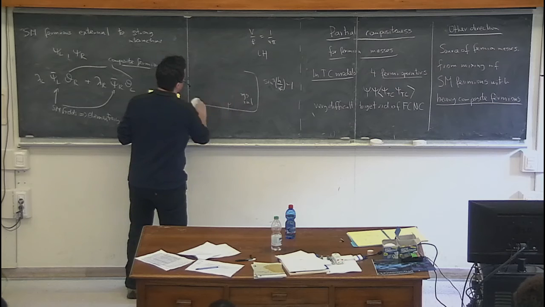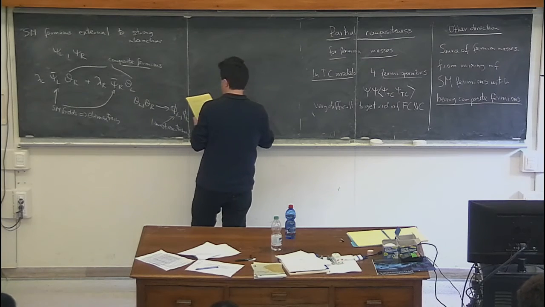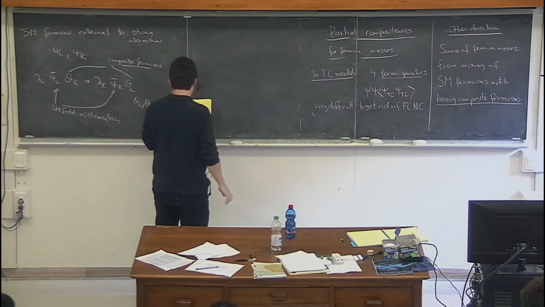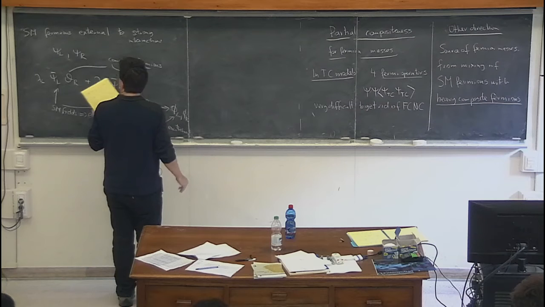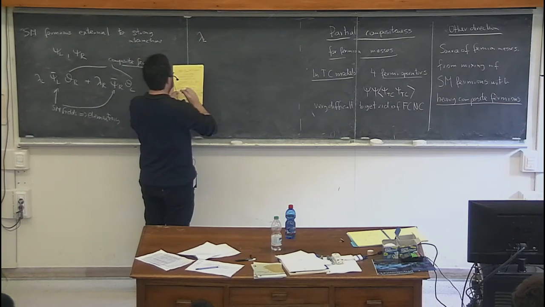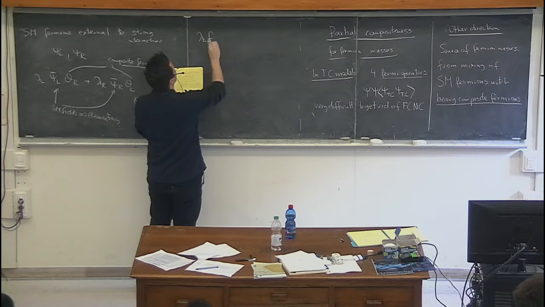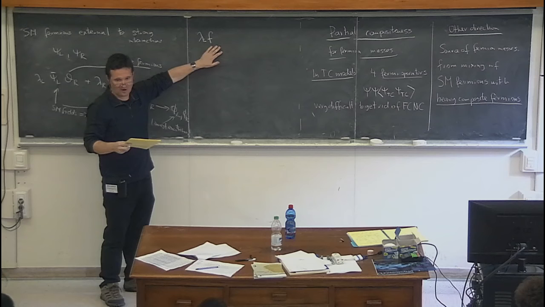So let's try to get that story straight. And how will I do this? I will have a lambda left here, and the characteristic scale that is going to descend from the composite sector is the scale f.